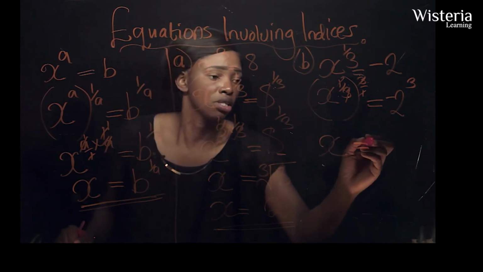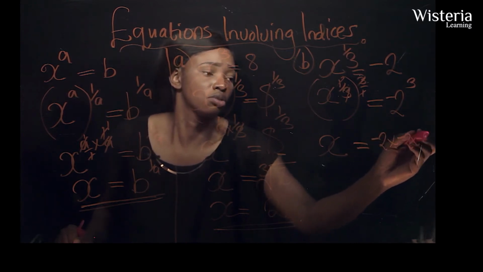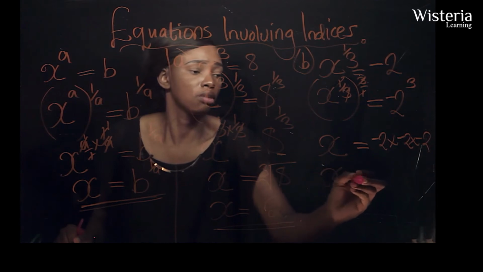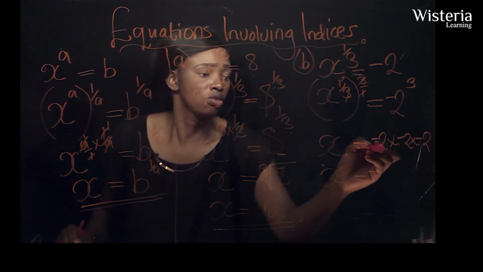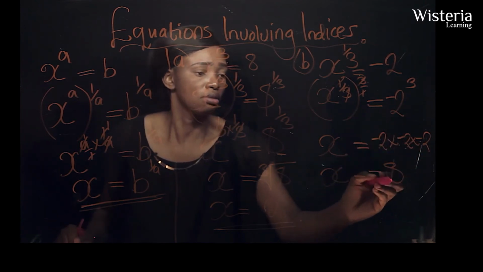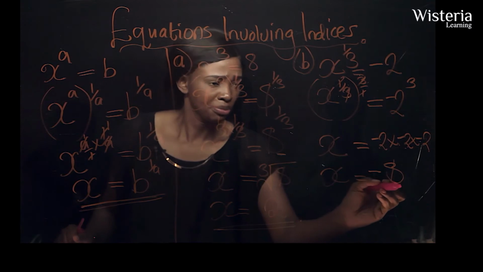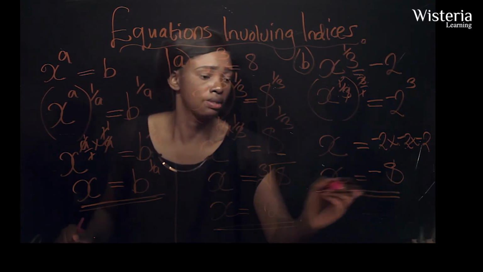Negative 2 to the power 3 is the same as negative 2 times negative 2 times negative 2. Negative times negative is positive, positive times negative is negative. 2 times 2 is 4, 4 times 2 is 8. So it will be negative 8. So that will be our answer.